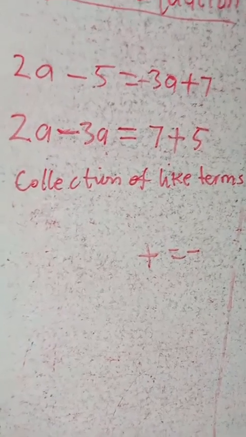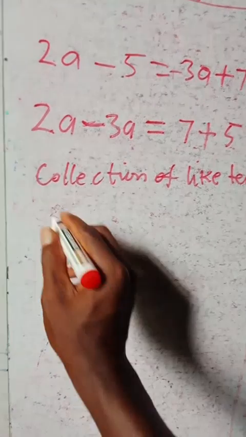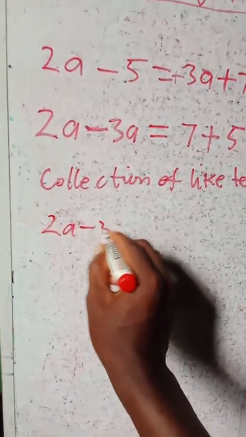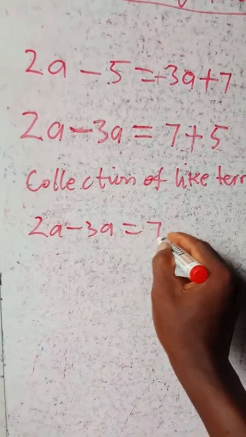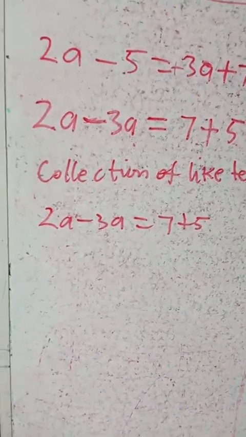So what we have now is 2a minus 3a is equal to 7 plus 5. I hope you understand.